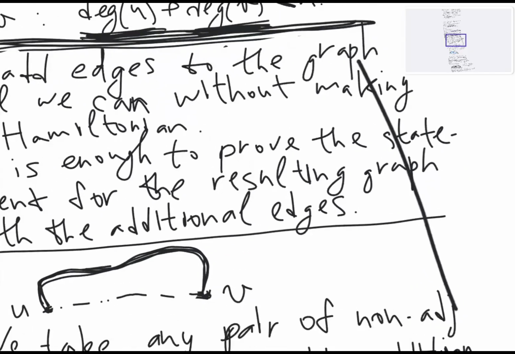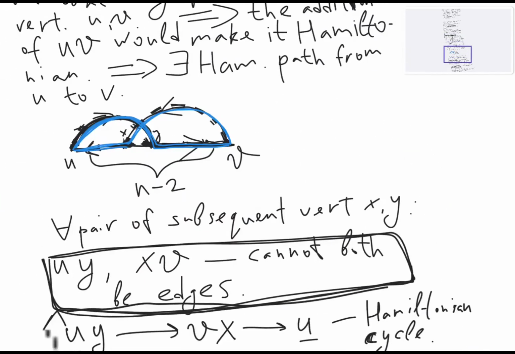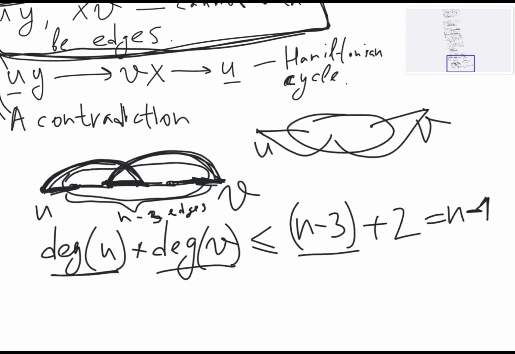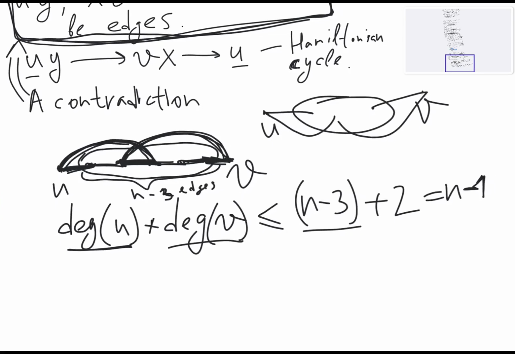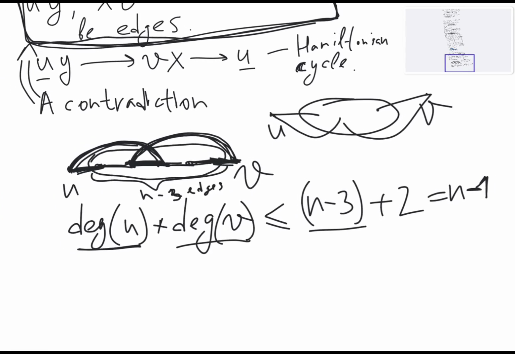Strictly less than n is the same as less or equal than n minus 1. So we proved what we needed to prove. Well, this gets a contradiction to the original assumption that G is not Hamiltonian. So therefore it is Hamiltonian, and this concludes the proof of the theorem.